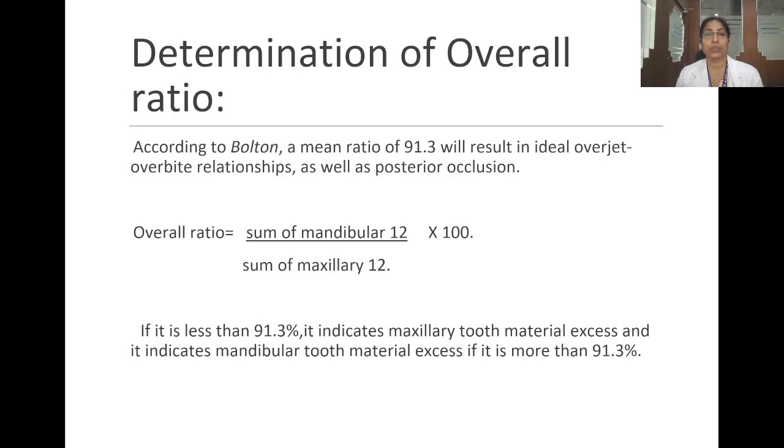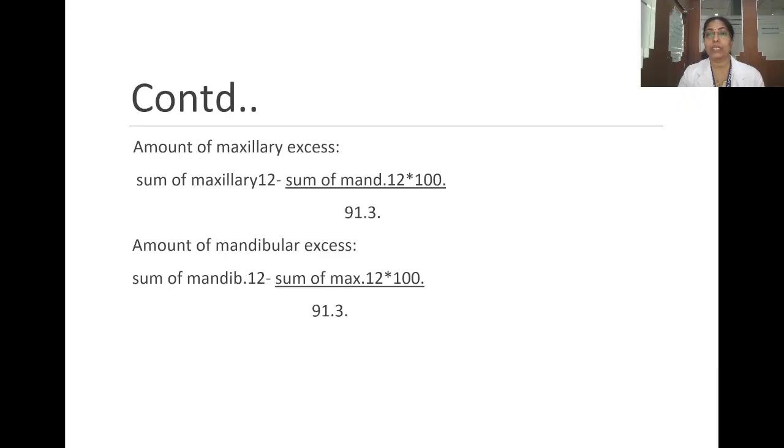According to Bolton, a mean ratio of 91.3 will result in the ideal overjet, overbite relationship as well as posterior occlusion. The overall ratio is the sum of the mandibular 12 divided by the maxillary 12 into 100. If this ratio is less than 91.3, it indicates a maxillary tooth material excess, and it indicates a mandibular tooth material excess if it is more than 91.3.